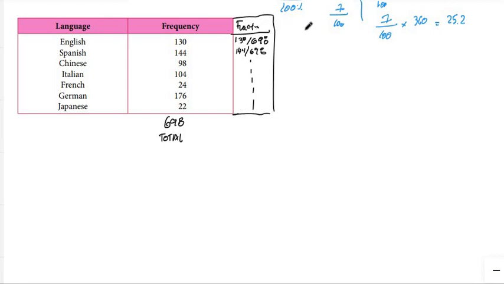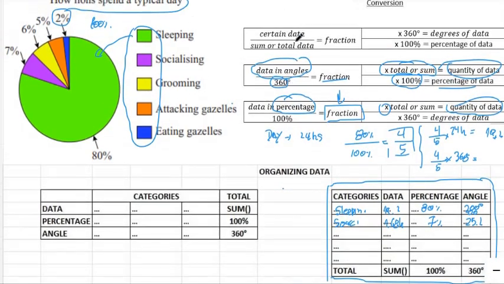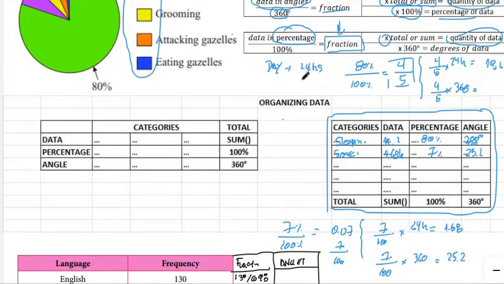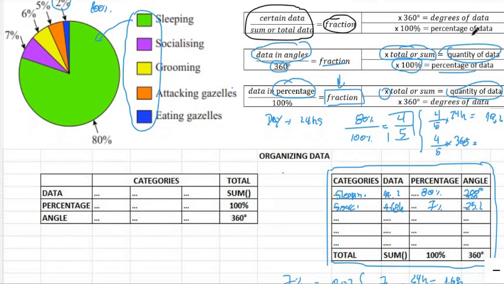If you want to know the angles to draw a pie chart, you have to multiply that fraction by 360 degrees. Since you have the information expressed as data, in this case frequency, you divide it by the total, that is 698, and you have the fraction. If you multiply that fraction by 360, you have the degrees.